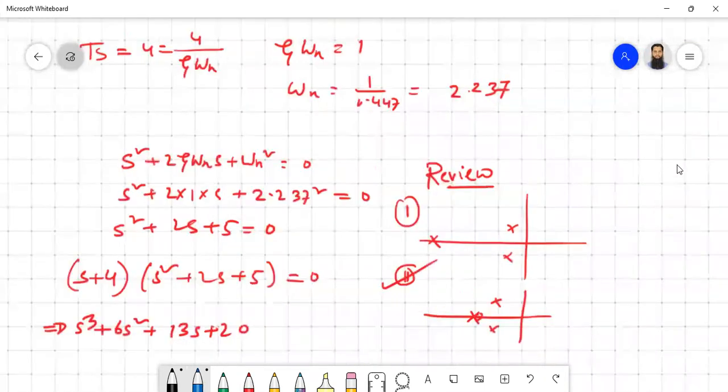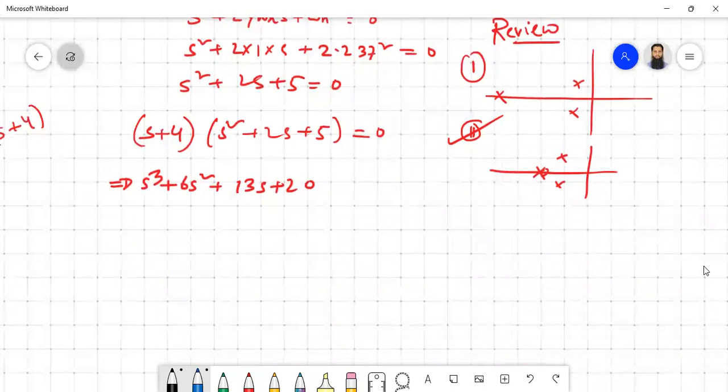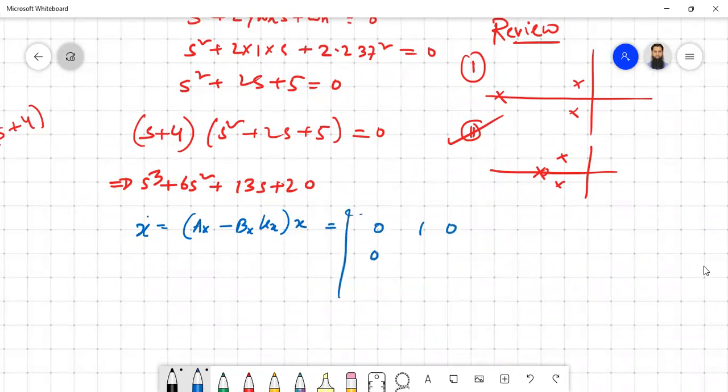So that will give us a design system: x dot equals Ax minus B Kx x, which is equal to 0, 1, 0, 0, 0, 1, then minus 10 plus K1, minus 17 plus K2, and minus 8 plus K3.